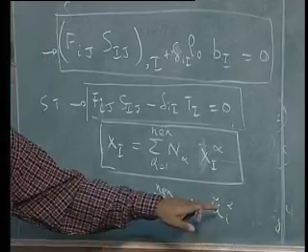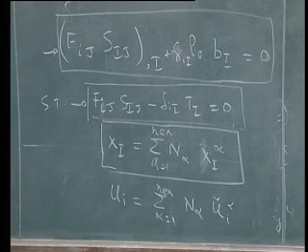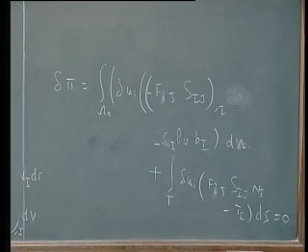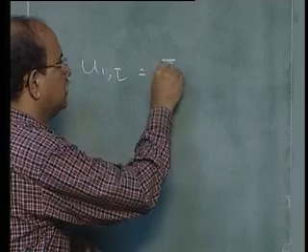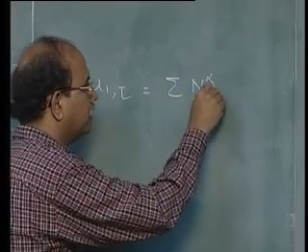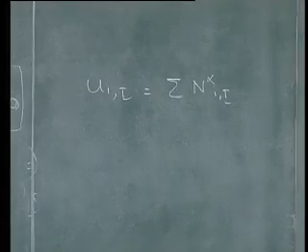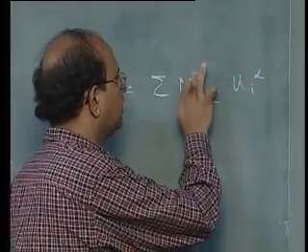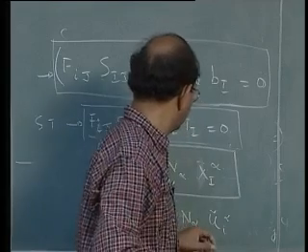where this Ui alpha are the nodal displacements, from which now I can write down Ui comma I, this is what I want because delta Ui is what I want. Ui comma I is equal to sigma N alpha comma I, Ui alpha. I think alpha was here, or where did I put alpha?